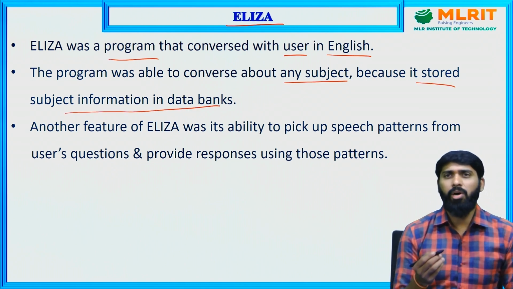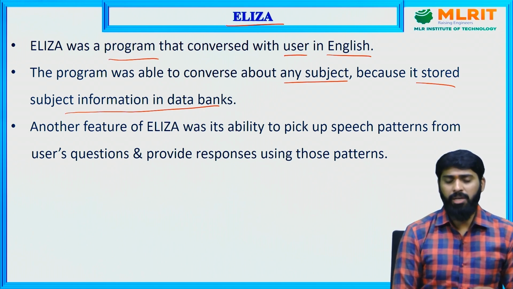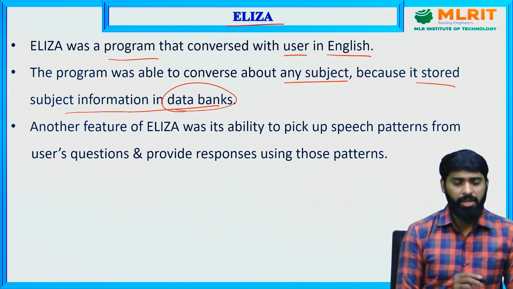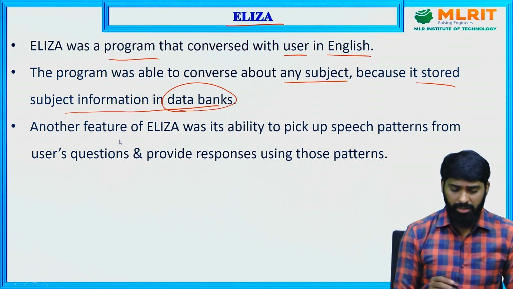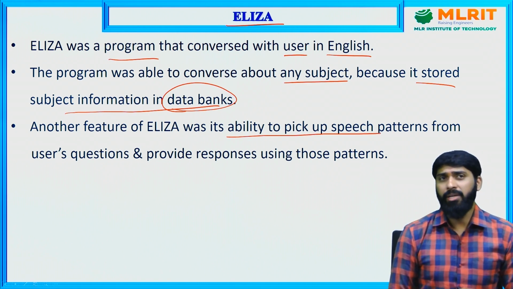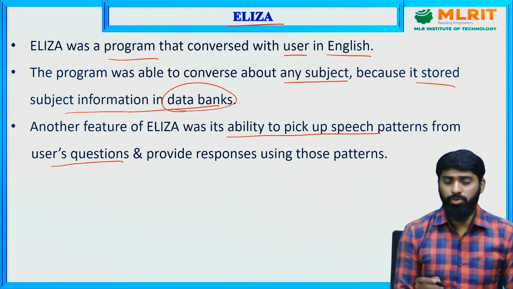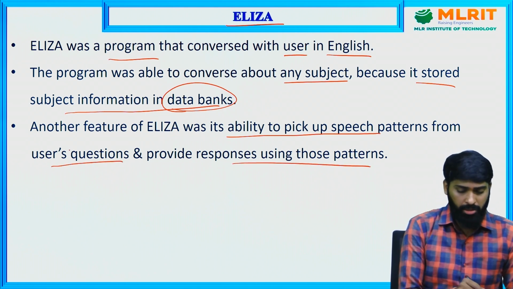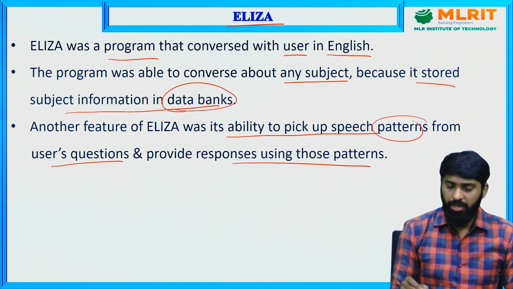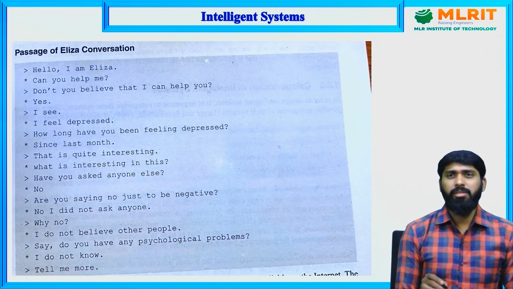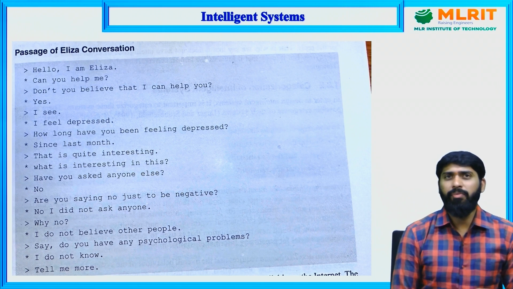So the knowledge already stored in ELIZA, we call data banks. Another feature of ELIZA was its ability to pick up speech patterns from user questions and provide responses using those patterns. So based on the user's pattern, it will give the response. Okay, so this is the behavior of ELIZA.